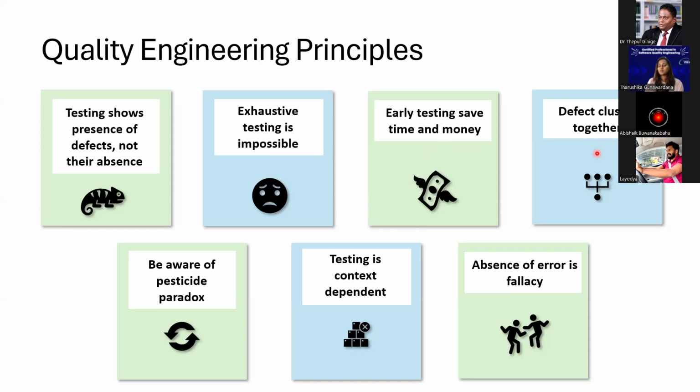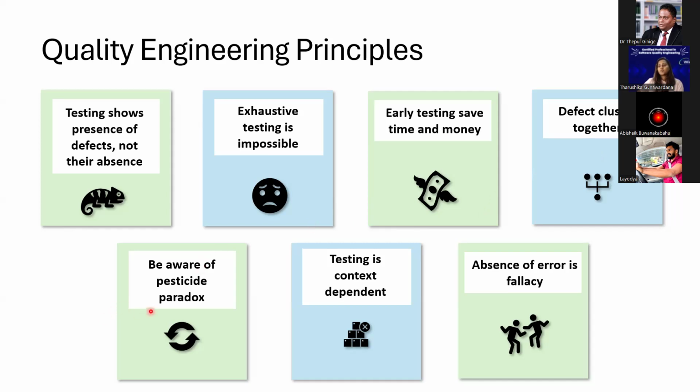We cannot come to a particular assumption. Since a particular component has defects, the other components may or may not have defects. We cannot do that. And also we cannot skip testing. We have to test each and every component, but by using proper test design techniques.